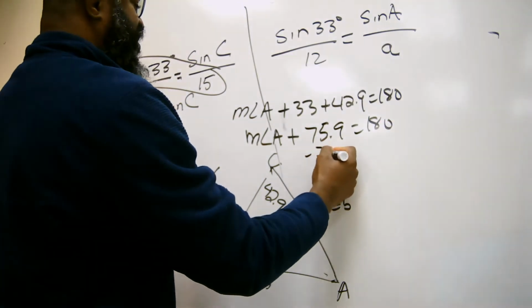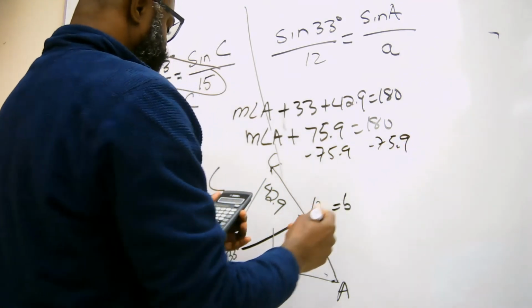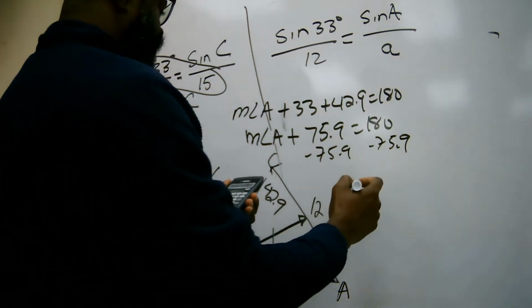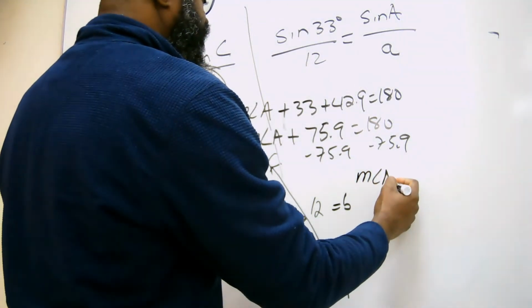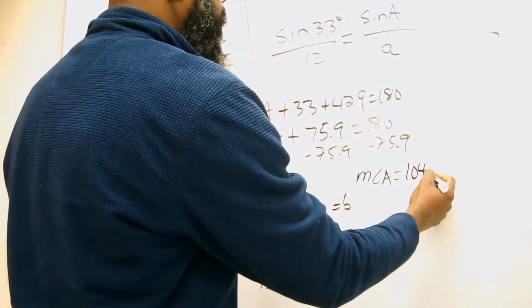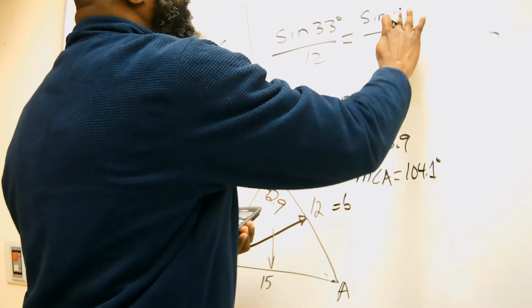Subtract 75.9 on this side. The measure of angle A is 104.1 degrees. Then I will put it there.